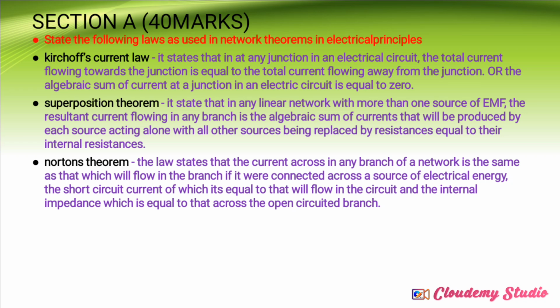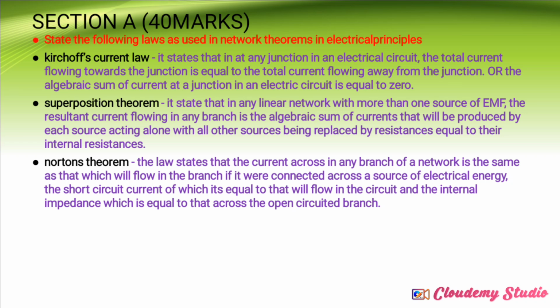So we look at calculating the resultant current flowing in that circuit based on the relationship between one source of EMF, and the other one is replaced by a resistance equal to the internal resistance of the circuit. So it states that in any linear network with more than one source of EMF, the resultant current flowing in any branch is the algebraic sum of currents that will be produced by each source acting alone, with all other sources being replaced by resistances equal to the internal resistances.